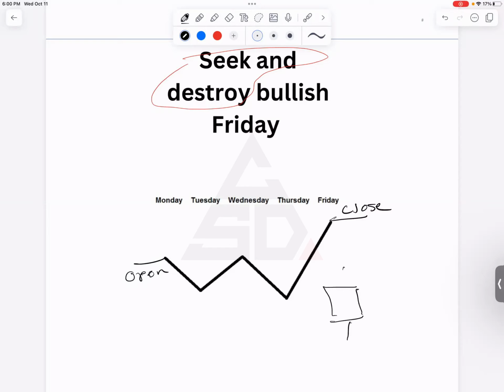It'll be like a doji-looking candle, and it signifies on a weekly time frame that it's literally not the right time to trade. But that's just the inner workings of what seek and destroy really is. It's just a time of indecision in the market. There's no real movement. So let's move on.